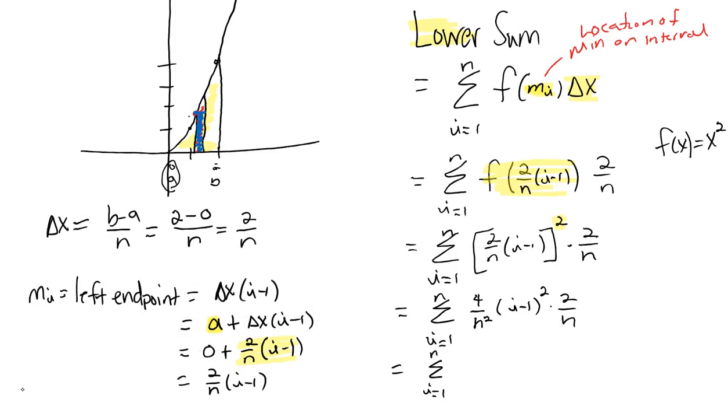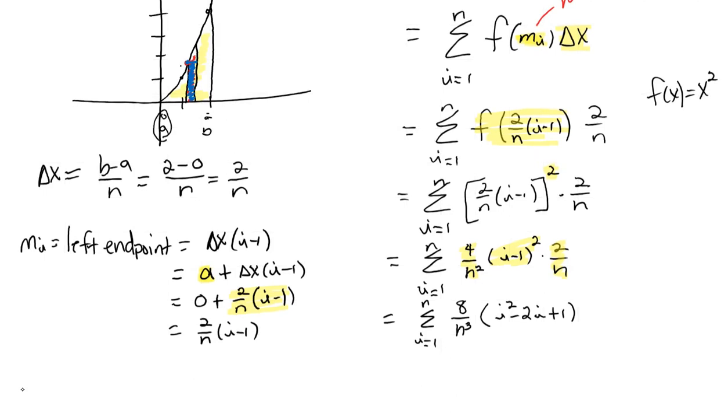Sum i equals 1 to n. I can put together 4 over n squared and 2 over n to be 8 over n cubed. And I'm also going to multiply out this i minus 1 squared. That's going to become i squared minus 2i plus 1 when you FOIL that out.